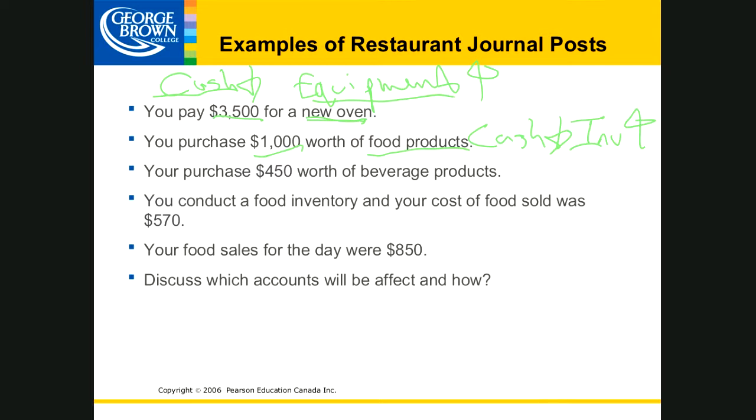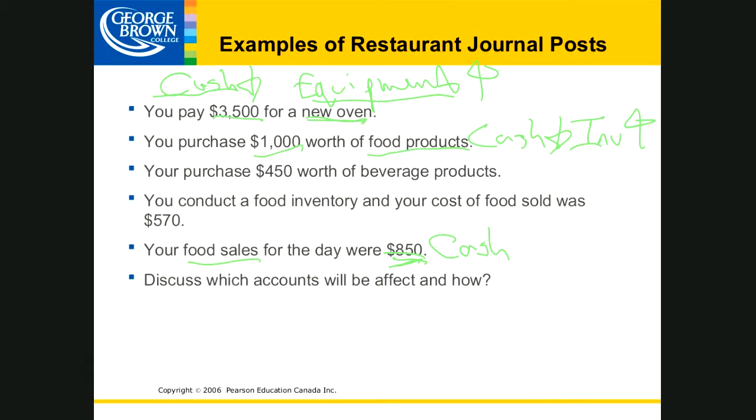Let's go down to food sales here, okay? So your food sales for the day were $850, okay? The value that you're receiving was $850. So this is going to affect your cash account because you're receiving cash from sales.